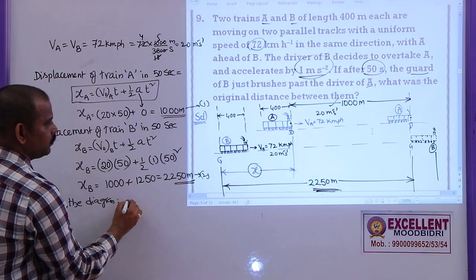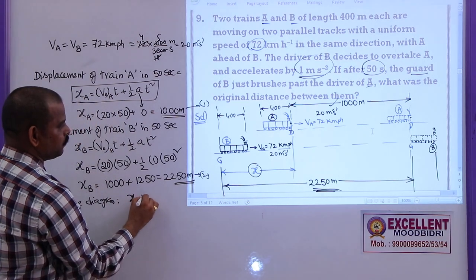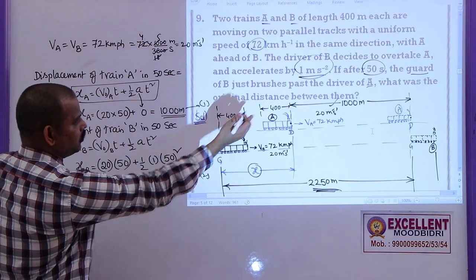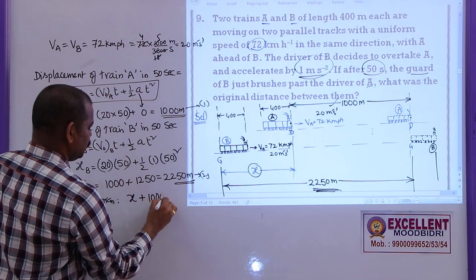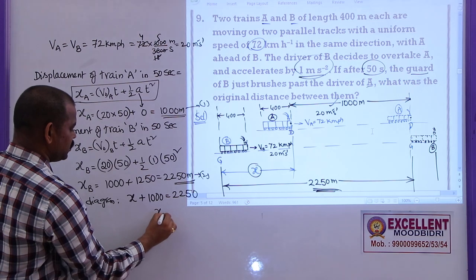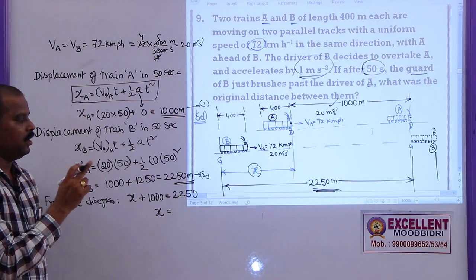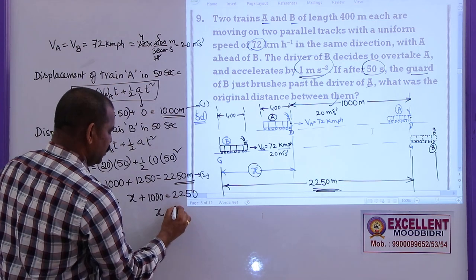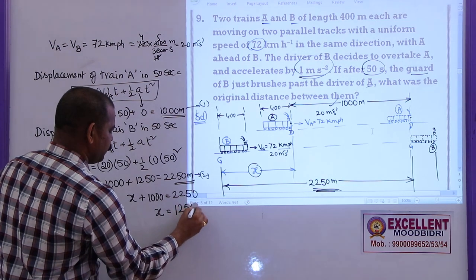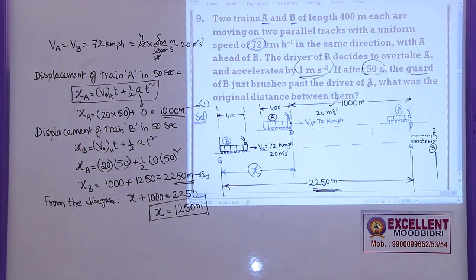So, from the diagram, from here to here, this is x, plus from there to there 1000, is equal to 2250. So, what is the x? Where x is the distance between the driver of the train A to the guard of train B, which is given by 1250 meters. So, this is the final answer.